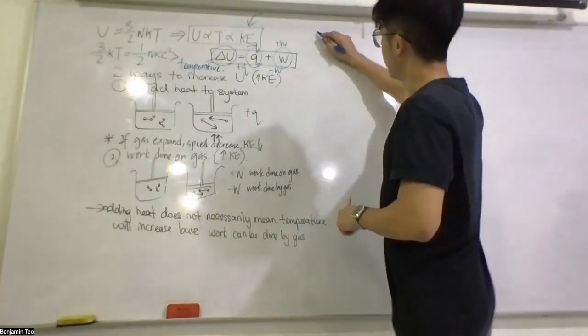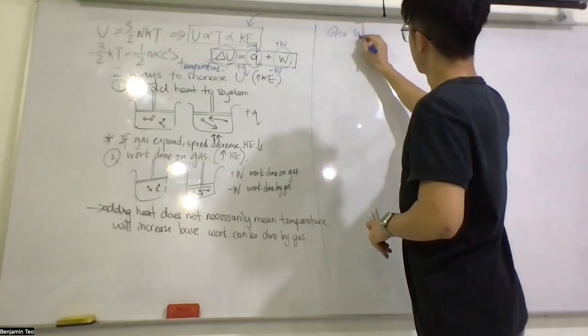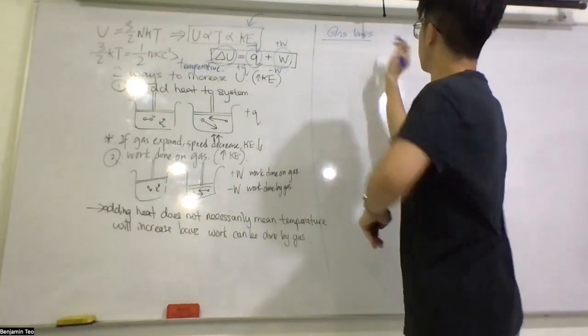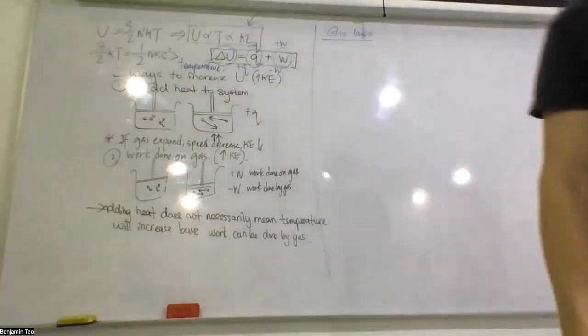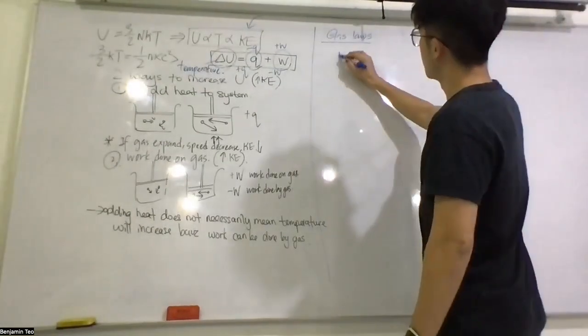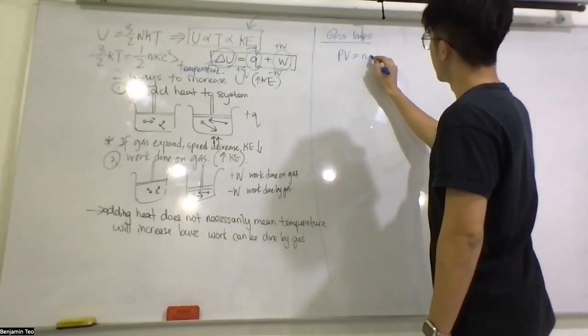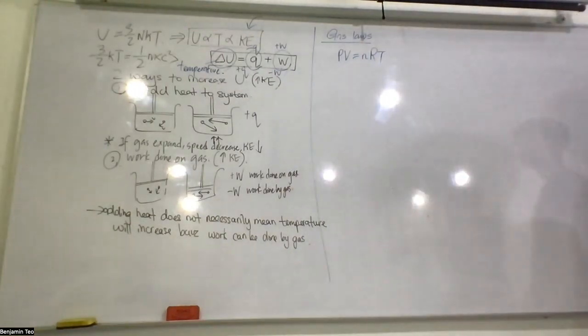Okay, now next one is your gas laws. Gas laws, this is how you remember it. PV equals nRT, right? So n and R are constants.